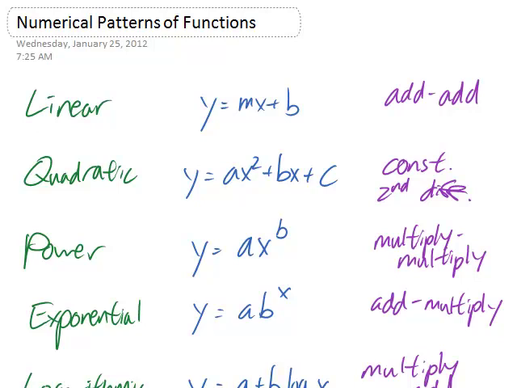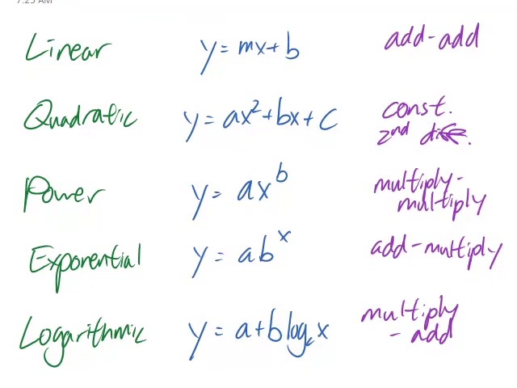Anyway, here I have the four types of functions you looked at. In fact, let me scroll down a little to get all five types of functions you've looked at by this point: linear, quadratic, power, exponential, and logarithmic. And in blue, I wrote down the general formulas: y equals mx plus b, y equals ax squared plus bx plus c.